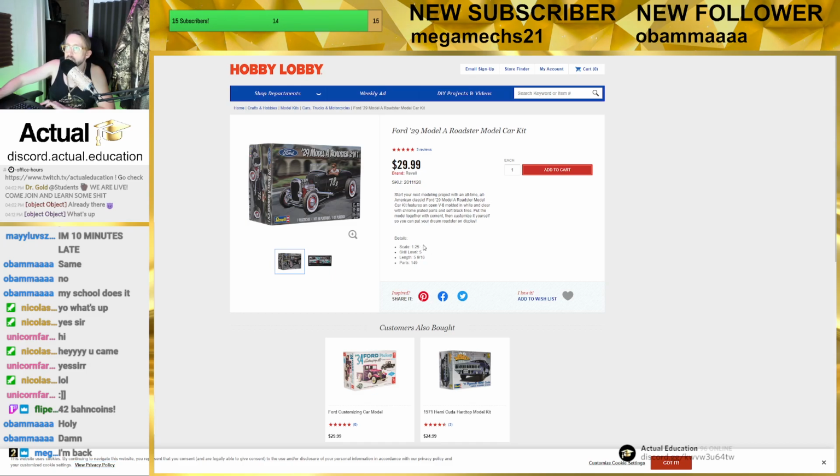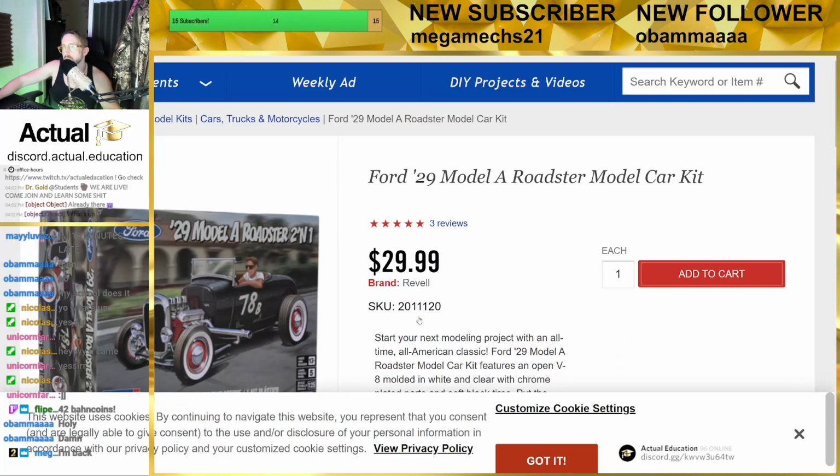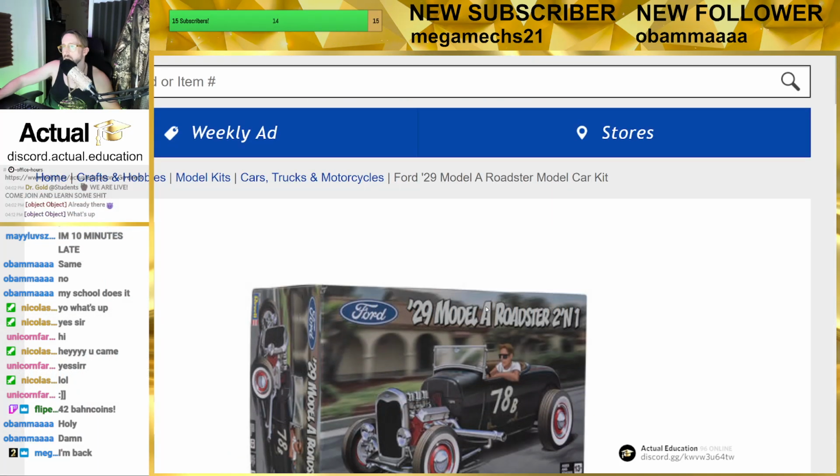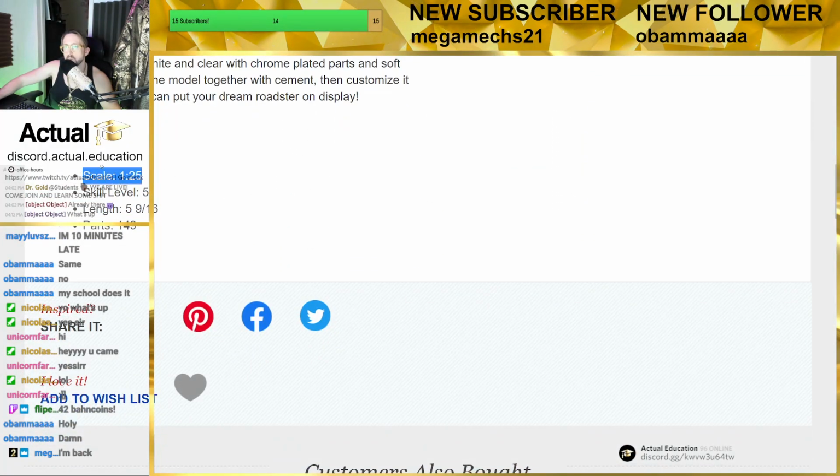Do you see where it says scale 1:25? That means that every 1 inch on the model is equal to 25 inches in real life.